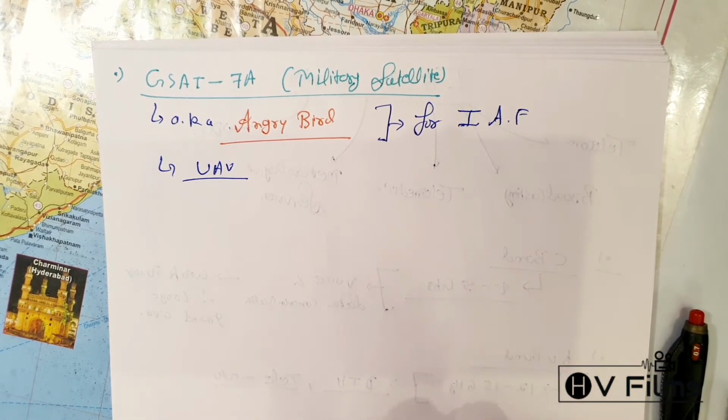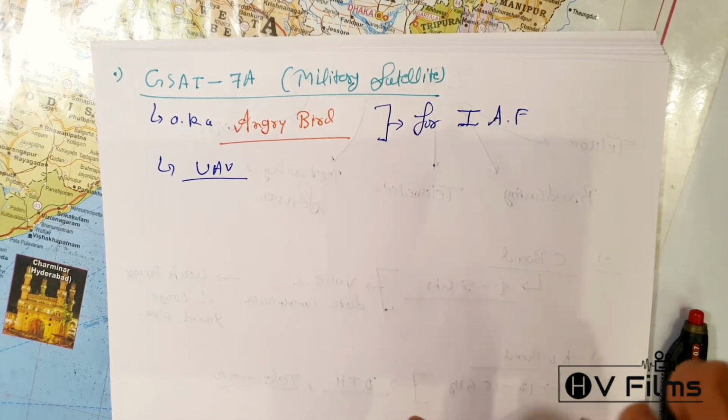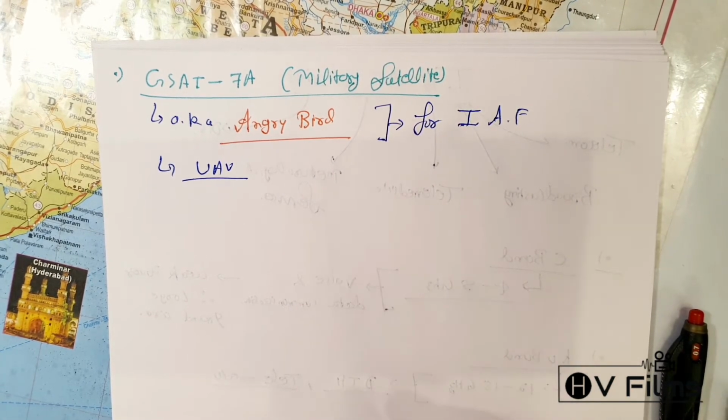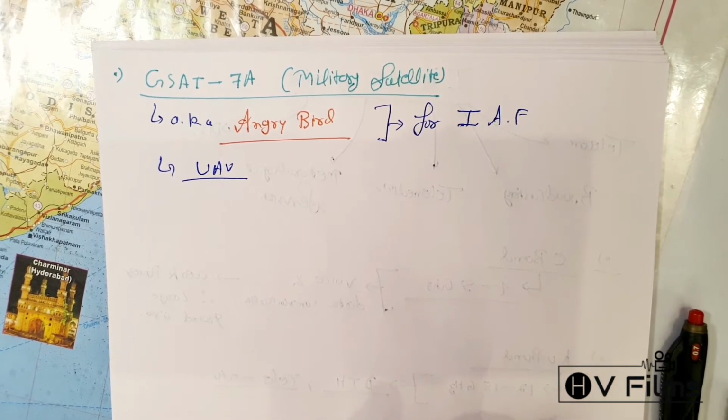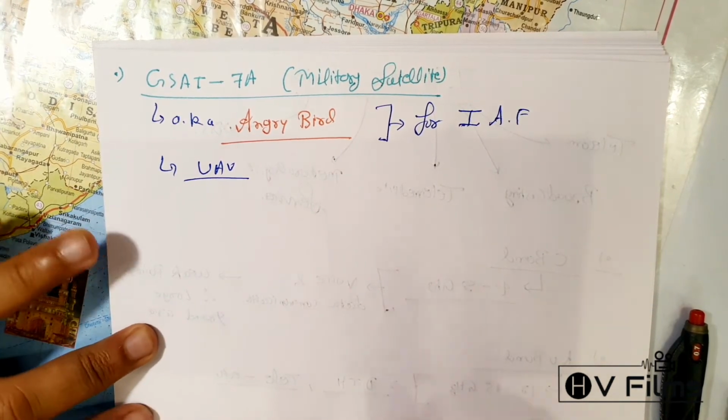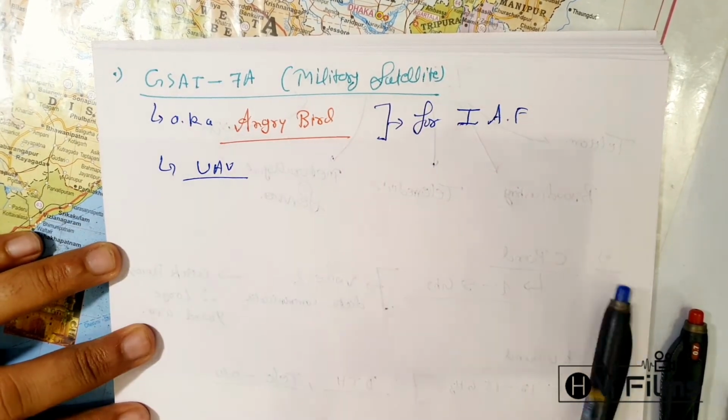You don't have to remember all these words, just remember that it is for the Air Force. Whenever some application regarding the Air Force comes, just make a tick on that. So yes, it comes under that category. Apart from that, the GSAT 7A is only the second dedicated military satellite, because earlier we were using the Rukmani. Let me write it here as a note.